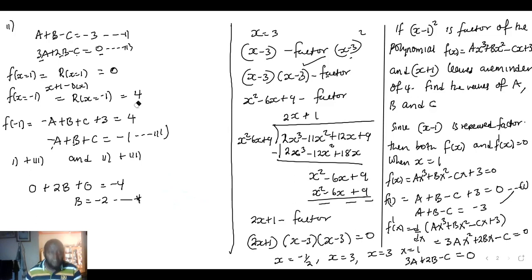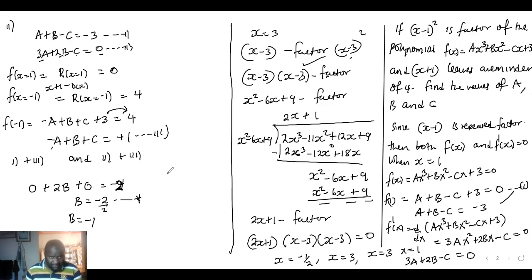Ah, it is positive 1. Yes, you're right, because the 3 crosses over. Thank you so much. Okay, with that note, when I add negative 3 plus 1, I get a negative 2. So negative 2 divided by 2, B is negative 1.